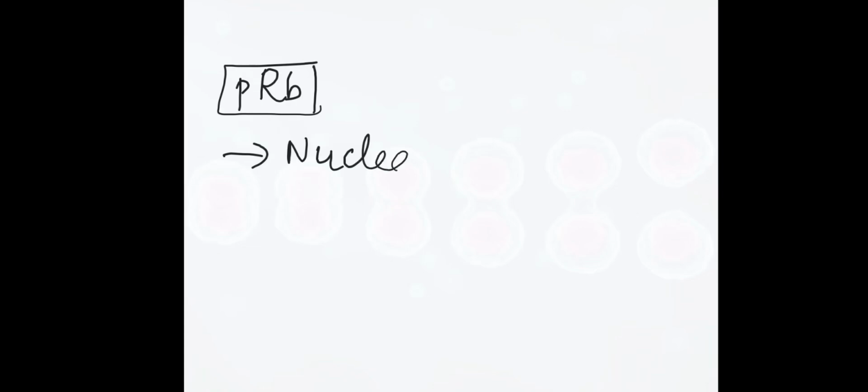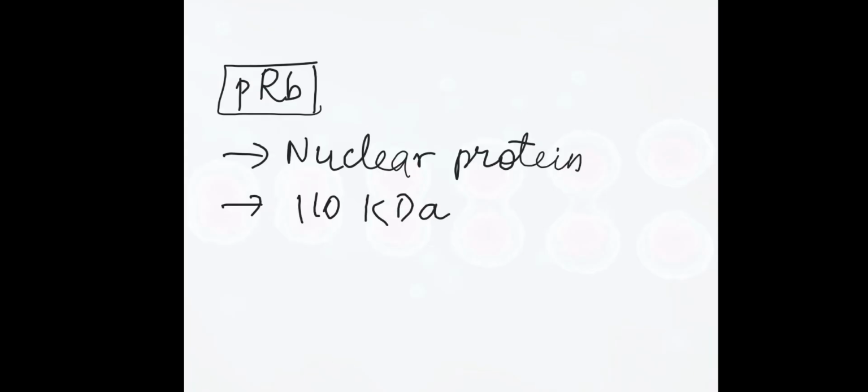The pRB protein encoded by the RB1 gene is a nuclear protein, and its size is 110 kilodalton. Based on the sequence similarities, there are two other members of the RB family.